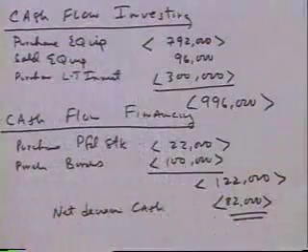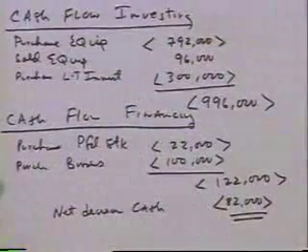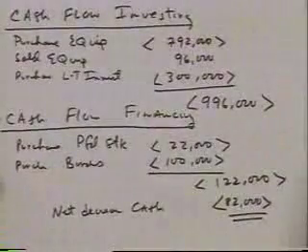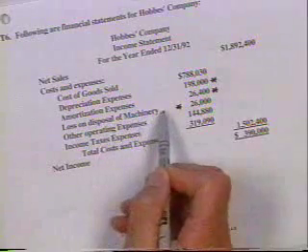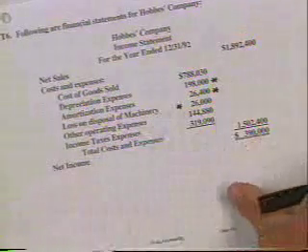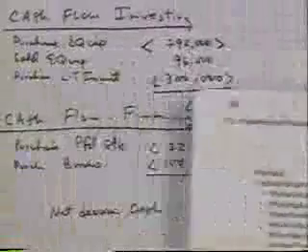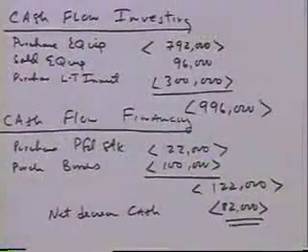So if we go back and reanalyze that sale of equipment, note on the income statement that there is a loss on disposal of machinery, or loss on the sale. So they got some cash, but they didn't get as much cash as they would have liked. Hence, we go back to our section on operations.